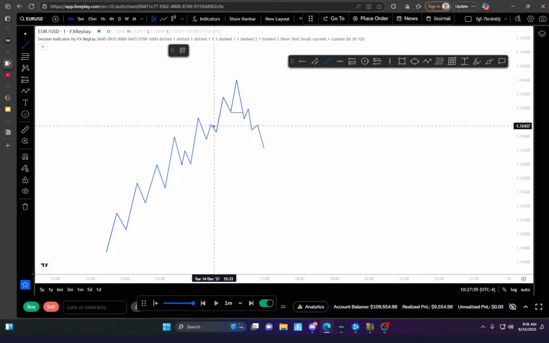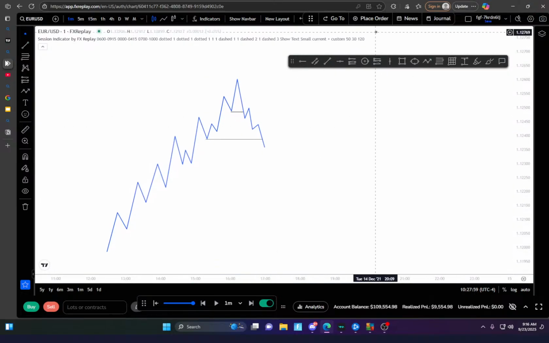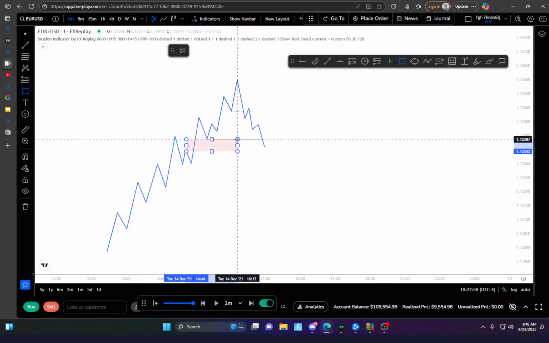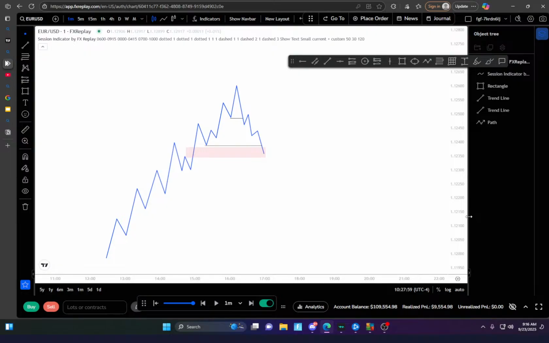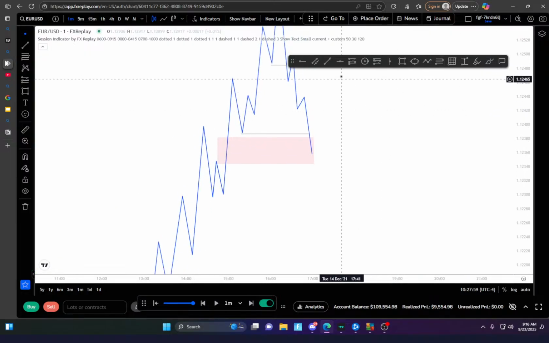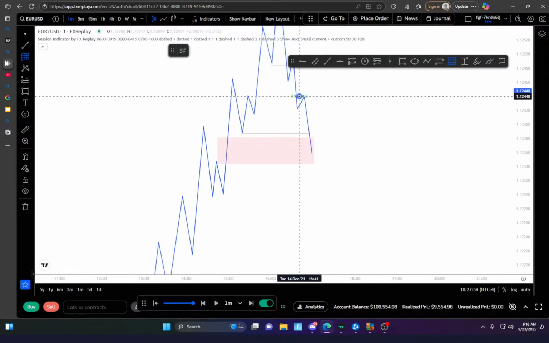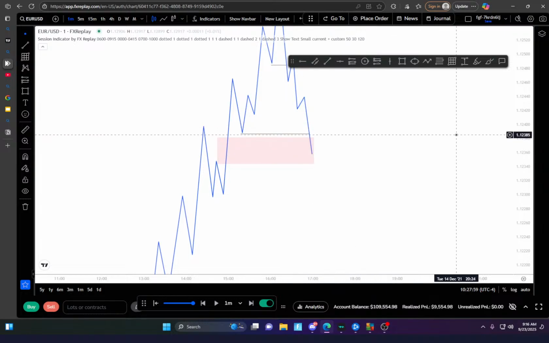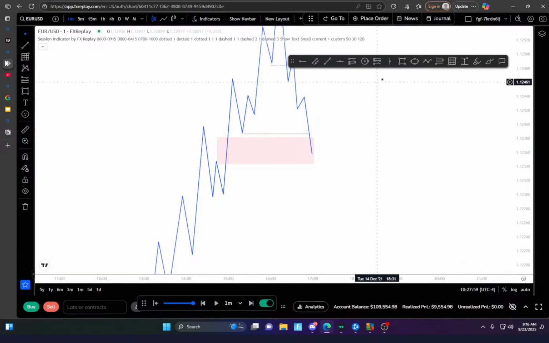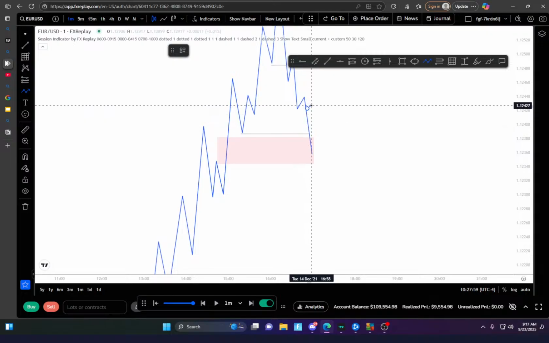So let's say we sweep this liquidity right here into a fair value gap or POI, whatever. What do you think the target is gonna be? Somewhere that's within here. Now don't be too specific about the equilibrium or whatever, but just know that there's people that are continuing to sell.